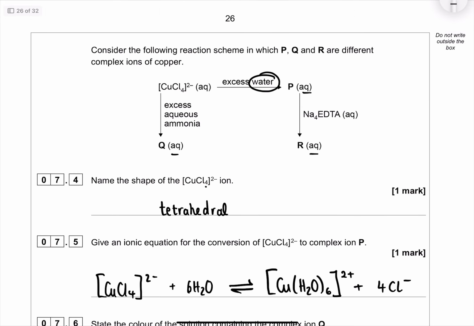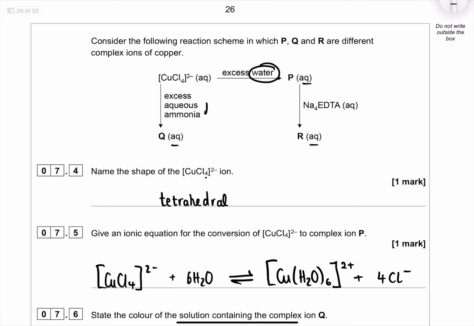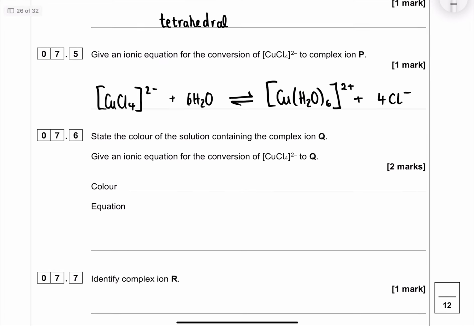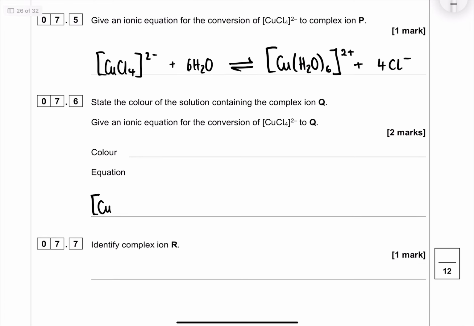Give the colour of Q. So Q is when we add excess ammonia. We have to remember when we add ammonia to copper, that's the sort of odd one out. In excess, we get this 4 ammonias and 2 water complex. So we've got to give an ionic equation for the conversion of CuCl4 2- into that complex Cu, 4 ammonias, 2 waters, 2+.